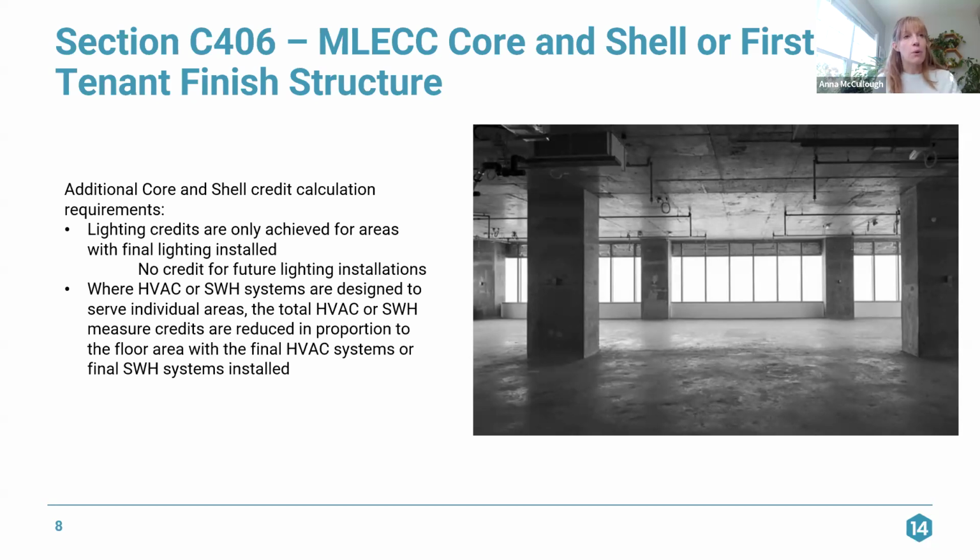So what we're saying here is that we want you to be able to achieve credits for those systems that you are installing and to change the point threshold you need to meet based on how much of the building you are fitting out. So like I said, if we are installing final HVAC and service water heating in 25% of the building at core and shell because you know who that tenant's going to be, then we would calculate your credits to reflect that. Hopefully that made sense. Let me know if you have any questions.